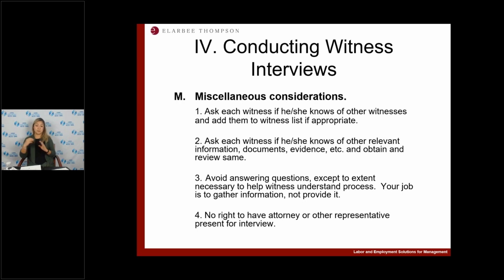So it's always best to figure out if each witness can remember anyone else that is relevant to the investigation. Ask them in an open-ended way if there's anything else that you should know. Because if you're targeting specific things on your outline, maybe there's something else that is relevant but you just haven't heard about yet. So ask a witness that.